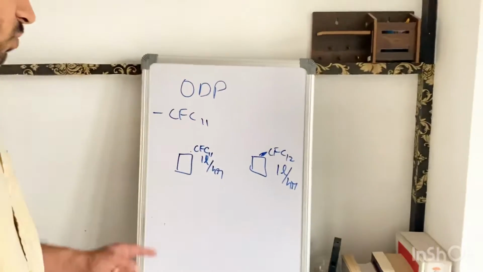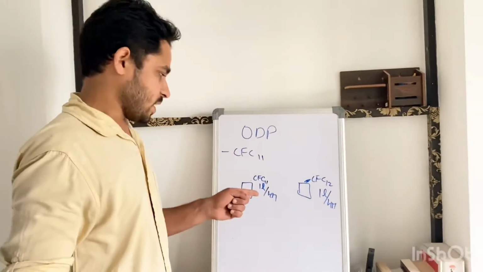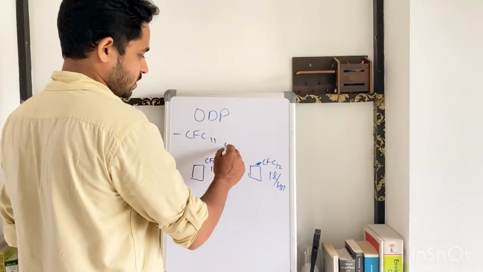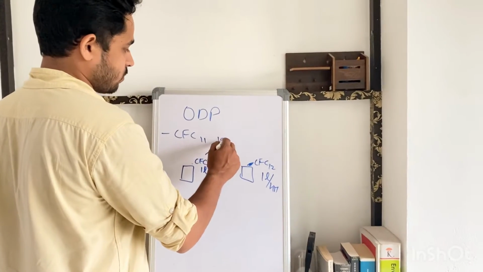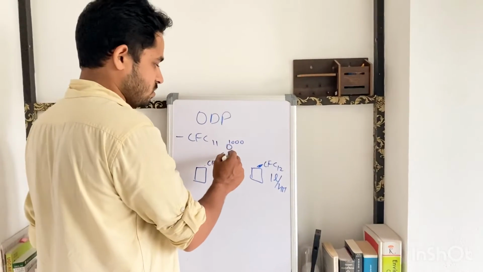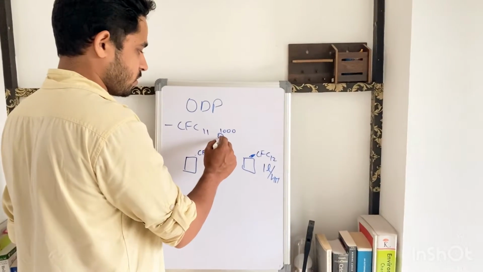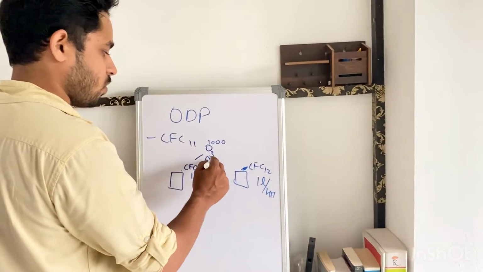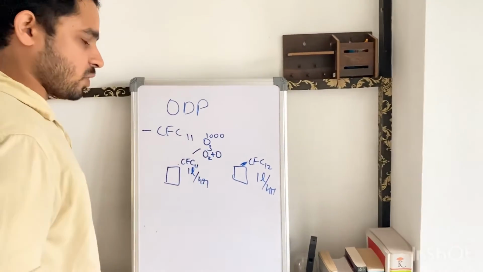Both of these are ozone depleting gases. When CFC 11 goes to the atmosphere, it attacks at least 1000 molecules of ozone, and 1000 molecules of ozone are depleted to oxygen plus superoxide radical.